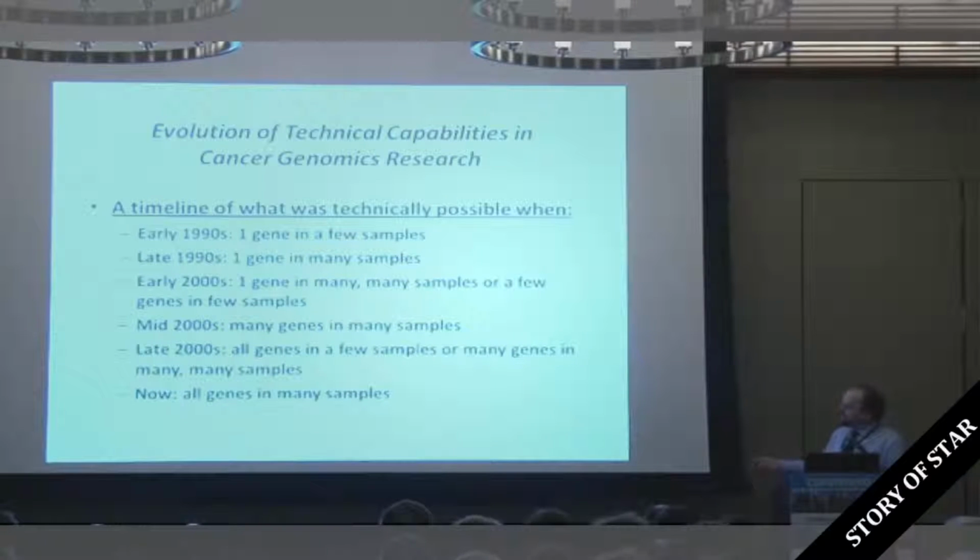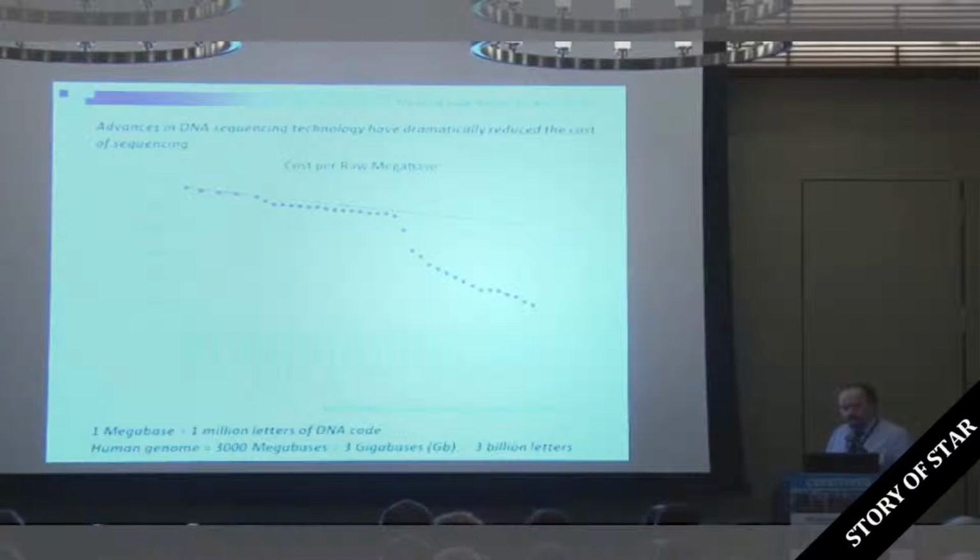And now, because of technological advances, we're really able to take dozens and hundreds of cancer samples and determine the genetic alterations that are present in every single gene in those samples. This is because of tremendous technological advances in DNA sequencing. So this is just to show you the cost per megabase.